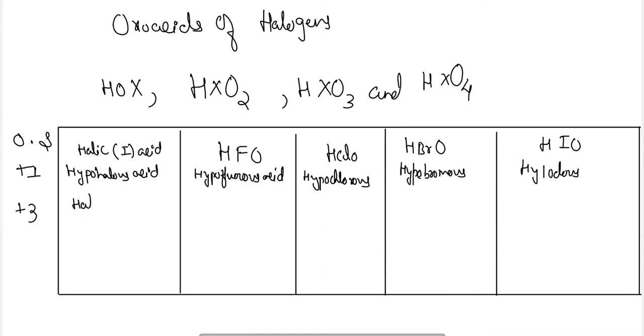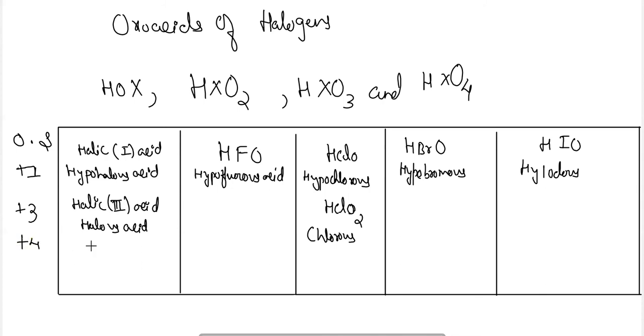Next, for the oxidation state plus 3, the acids are termed halous acids. Here fluorine does not form halous acids. HClO2, that is chlorous acid, is the only one formed.